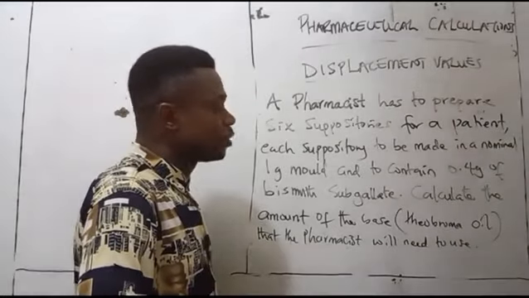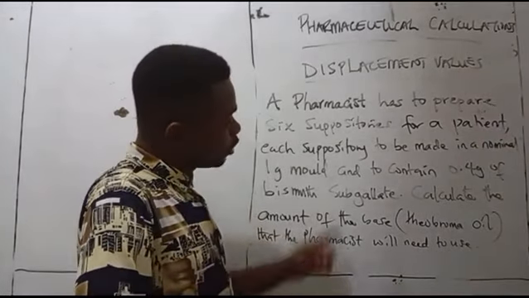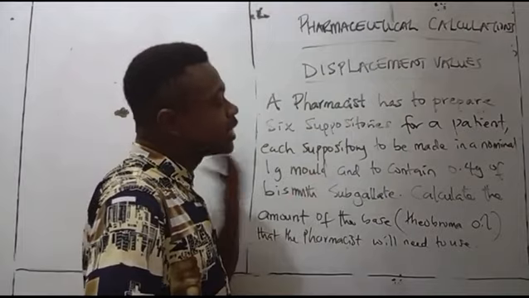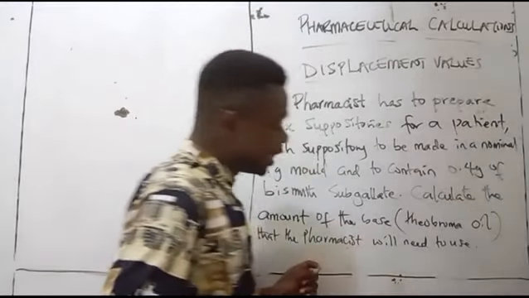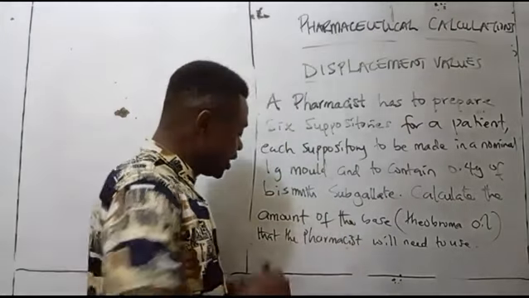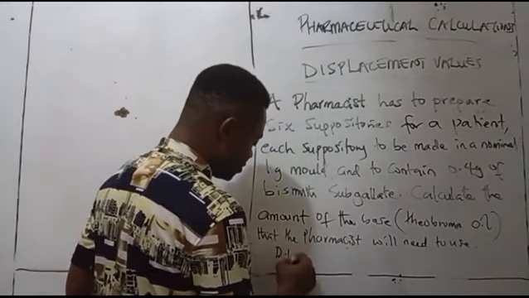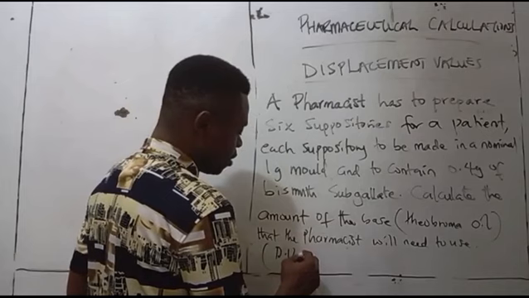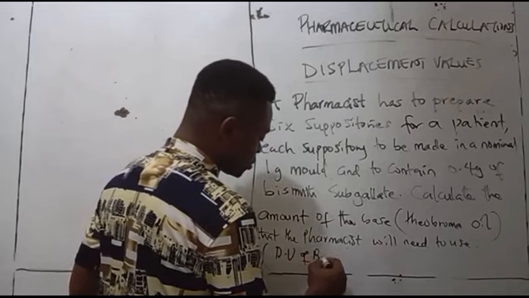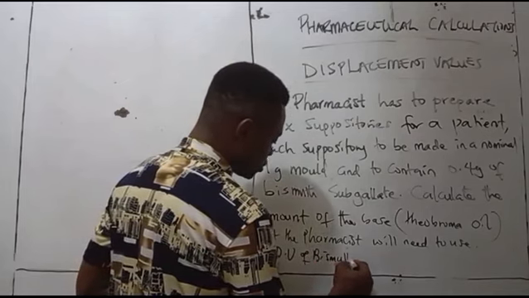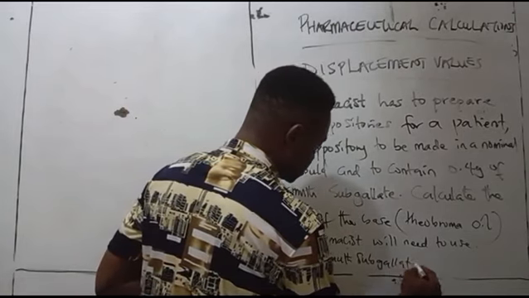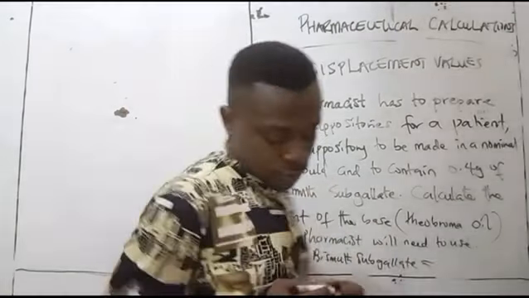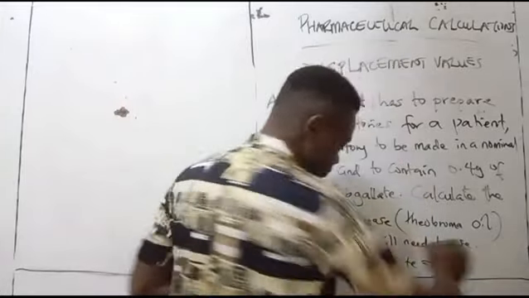Now remember, if you look at the question, the active ingredient here is, sorry, I missed something, the DV, displacement value, DV of bismuth subgallate is equal to 2.7.